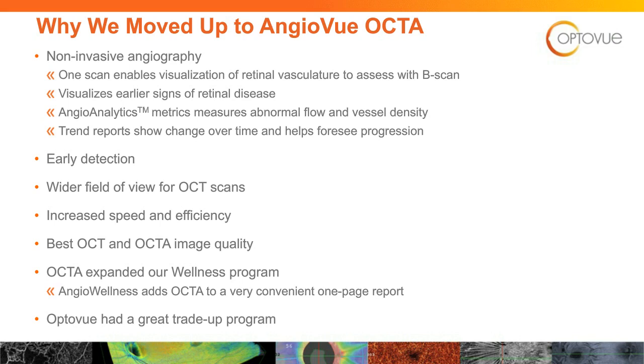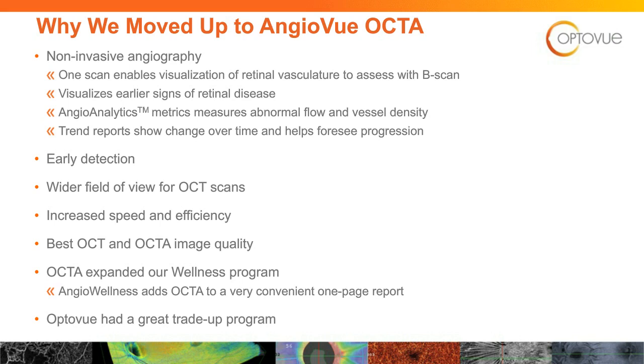The OCTA and the Avanti platform give you a wider field of view for the OCT scans, and increased speed and efficacy. I mentioned the 70,000 scans per second, which increases the resolution, so it gives you the best image. OCTA expanded our wellness program. We were doing a wellness program, but adding the angiography definitely took it to the next level.